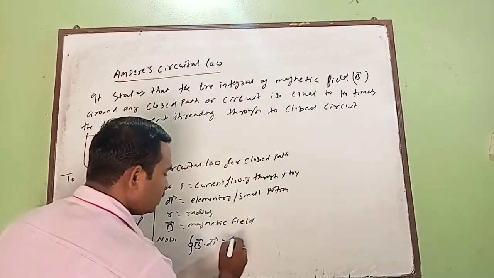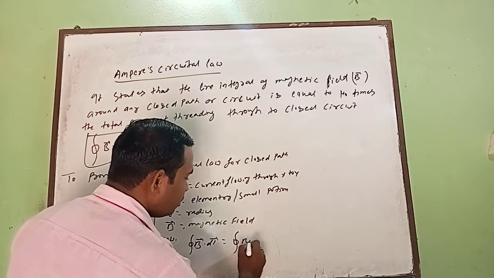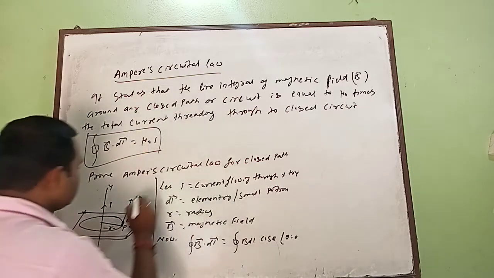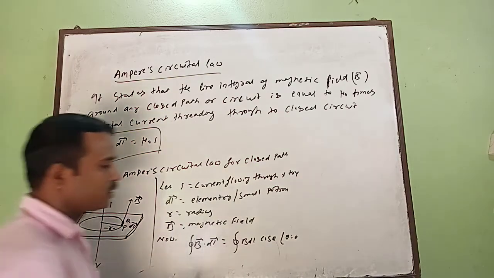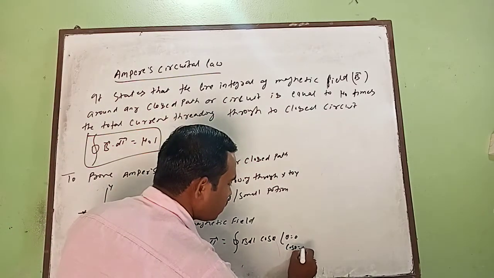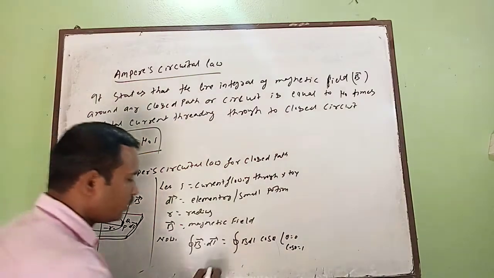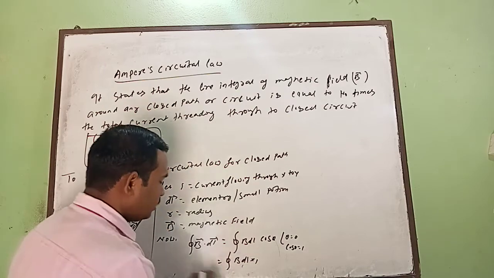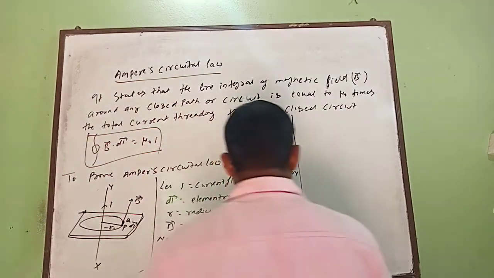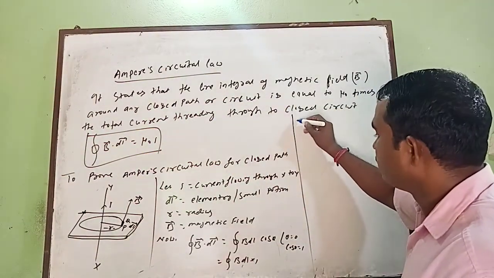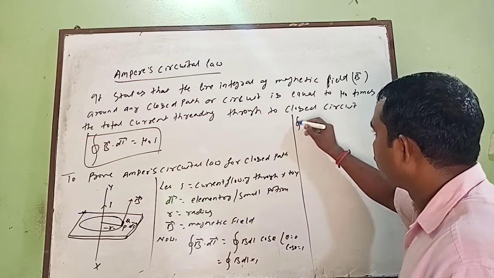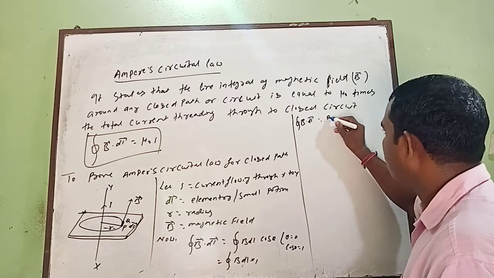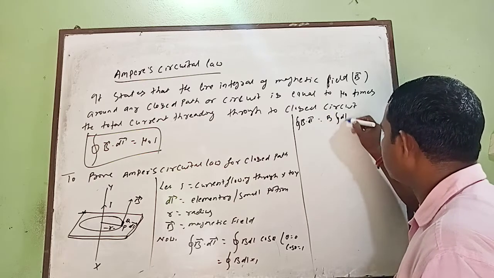Then here will be closed integral B dl cos theta, and theta is equal to 0, so cos 0 equals 1. Very good. So closed integral B dl into 1, or you can write closed integral vector B dot dl is equal to B outside, and here closed integral dl.